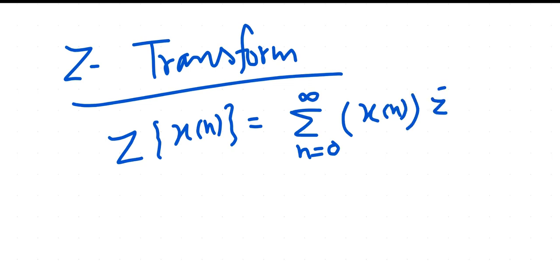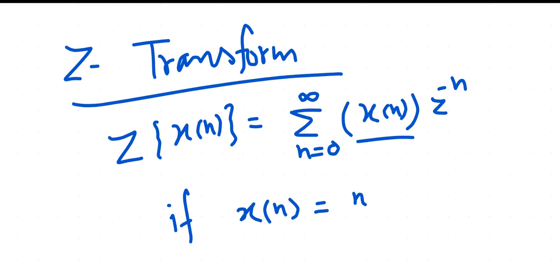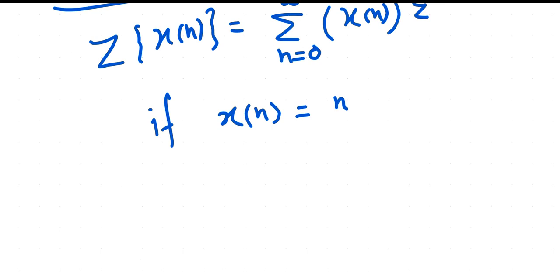If the sequence x(n) is equal to n, then you'll use n here. I mean, this is the nth term of the sequence we are using. Are you getting me?